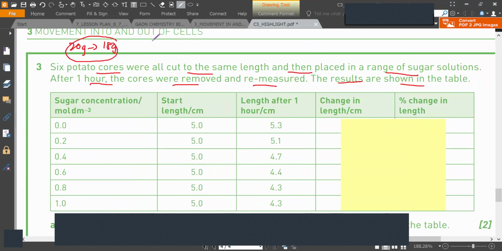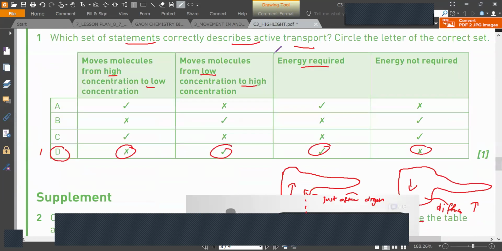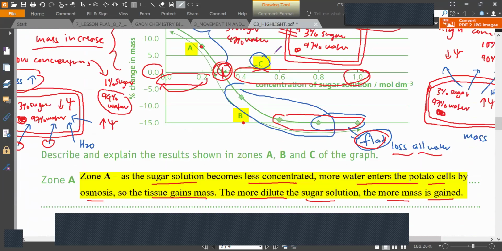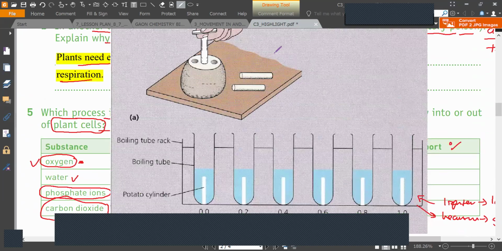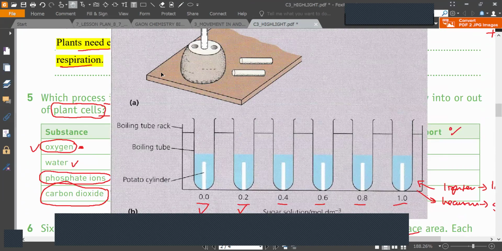We can also check the length. If it loses water by osmosis, it will become smaller. If it gains water, it will become bigger. It's the same experiment.